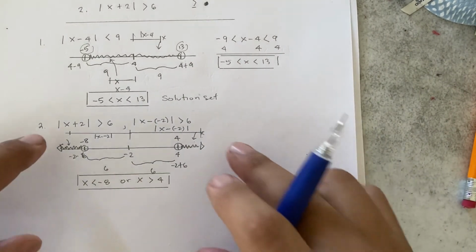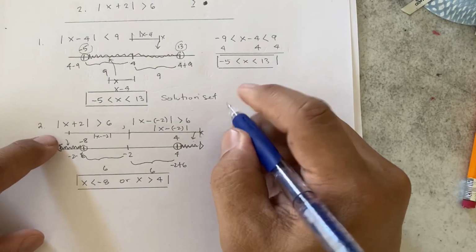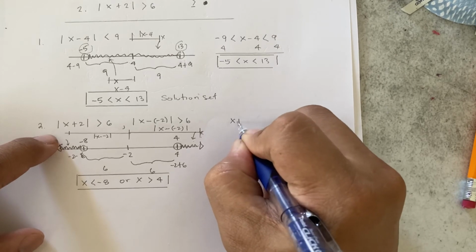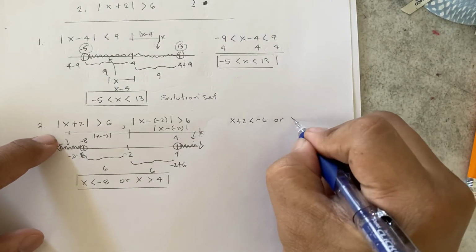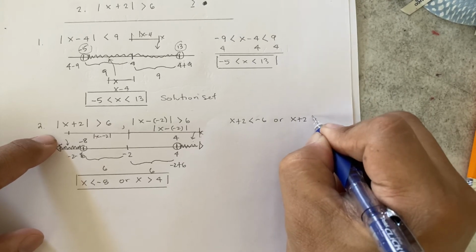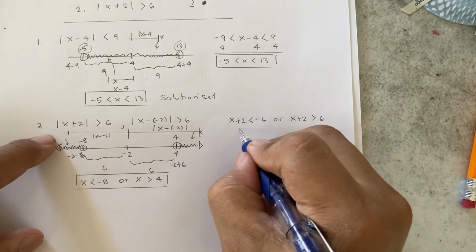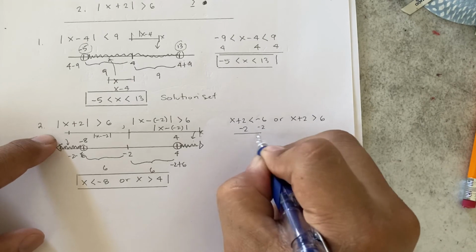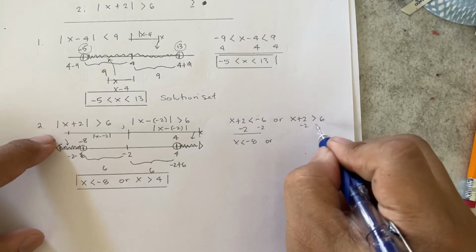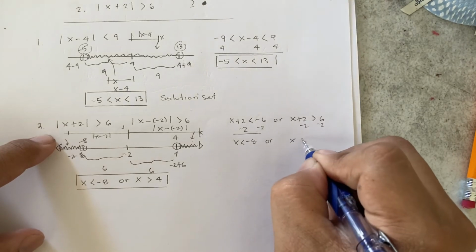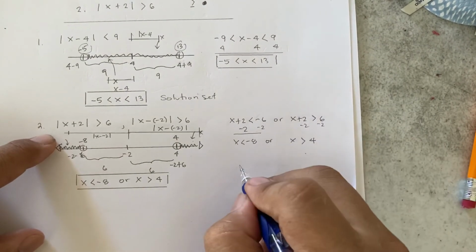Okay, let's do it the algebra way, the way they tell you to do it. So x plus 2 less than negative 6 or x plus 2 greater than 6. You subtract 2 here, you get x less than negative 8, or subtract 2 here, x greater than 4.